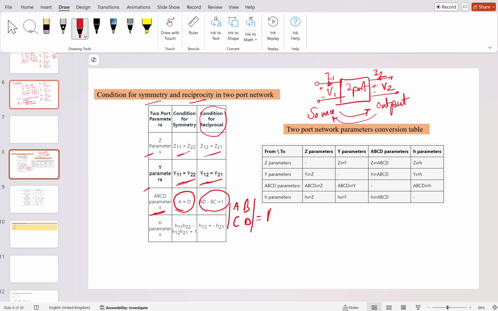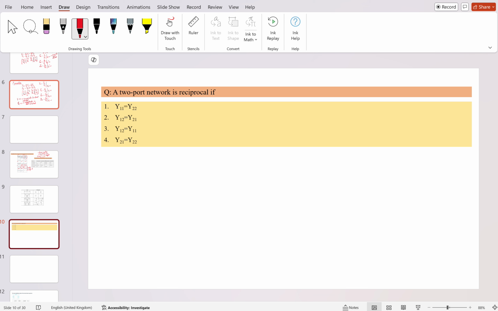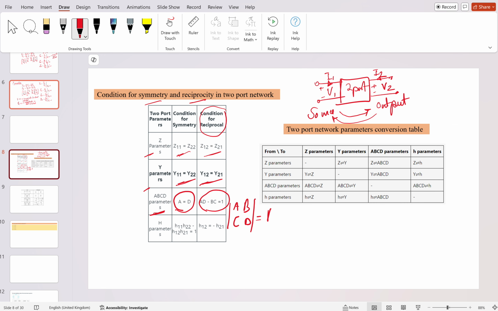So for this question, what is the meaning of symmetry here? Remembering is very easy.